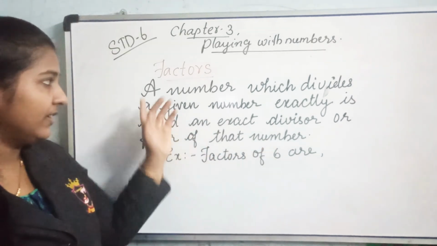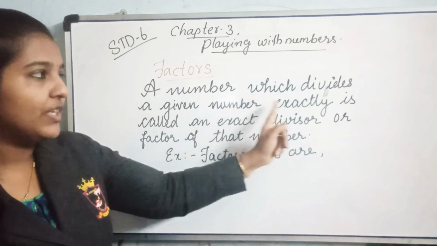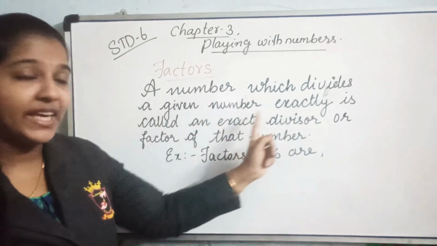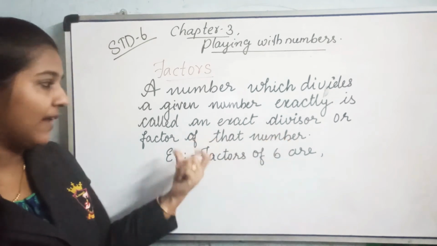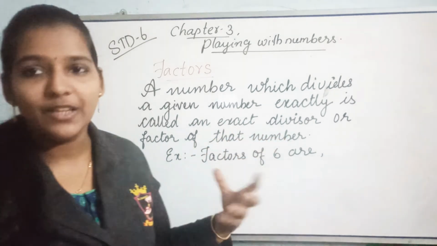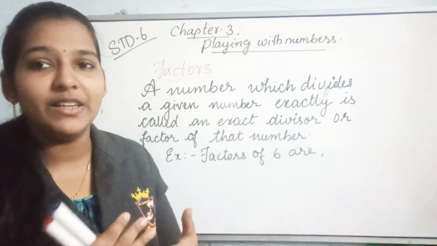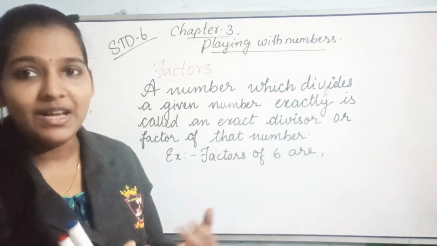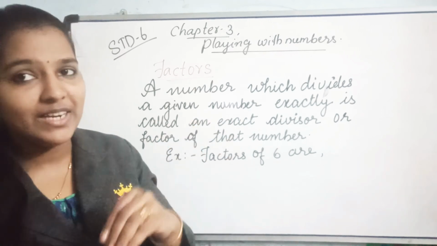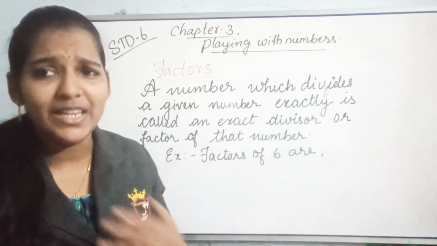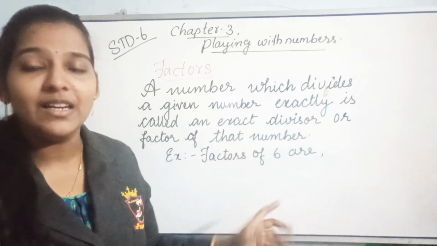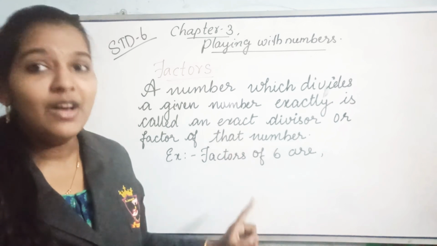What is a factor? Which means if we take a number and divide it by a divisor, and that divisor divides the given number exactly without leaving any remainder, then we can say that number is a factor of that number.